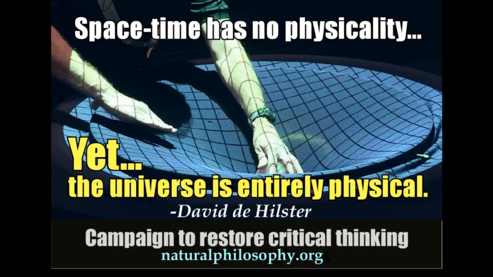And we've also been talking a lot about special relativity and how it treats time. As this picture shows, it goes into some more detail about the problems of special relativity. It says space-time has no physicality, yet the universe is entirely physical.